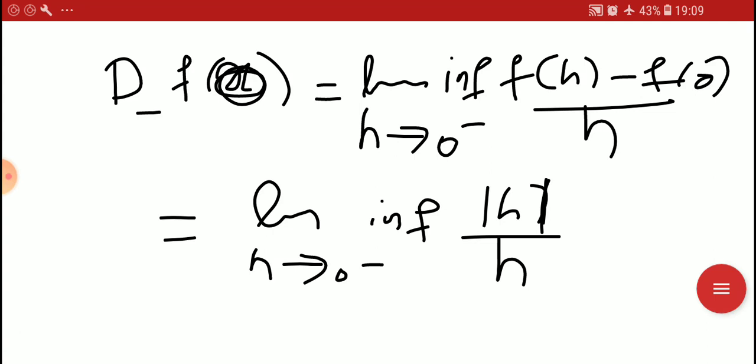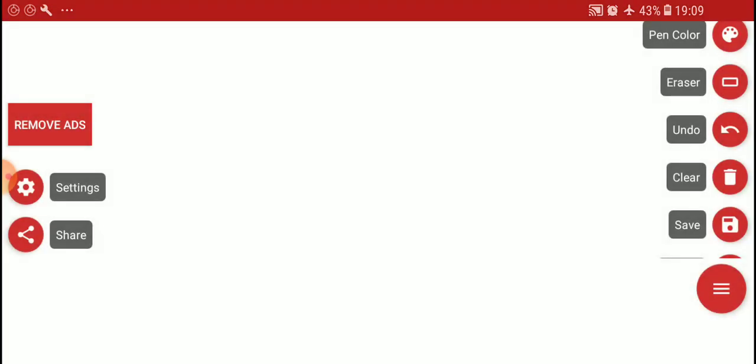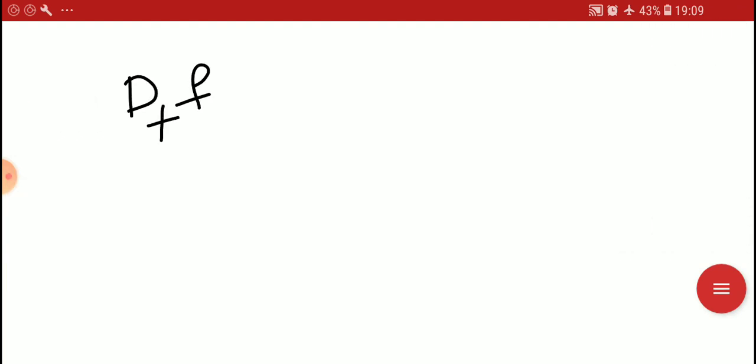When h is negative, |h| = −h, so −h/h is −1. The lower left derivative is −1. Similarly, the upper left derivative D⁻f(0) can be shown to be −1 as well.